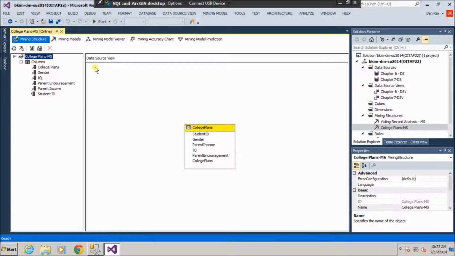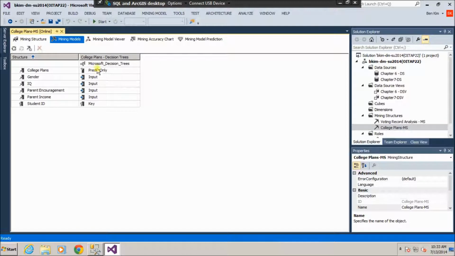So let's look at these things. Mining model. This is exactly what we specified. We're going to predict a person's college plan using gender, IQ, parent encouragement, and parent income using decision trees. Cool. And let's look at the outcome.